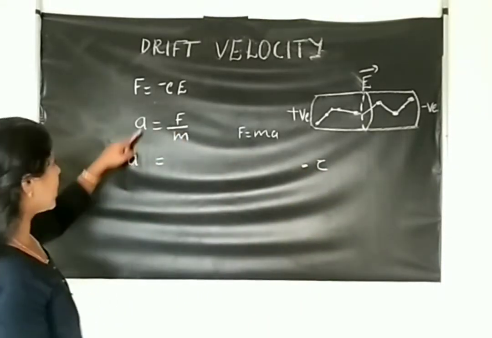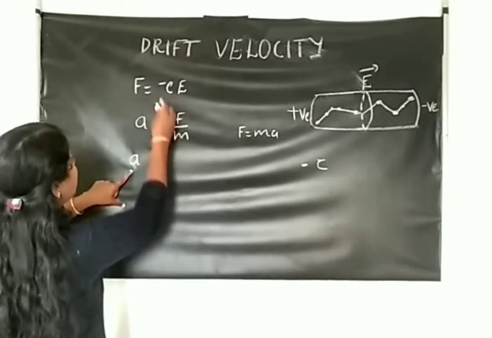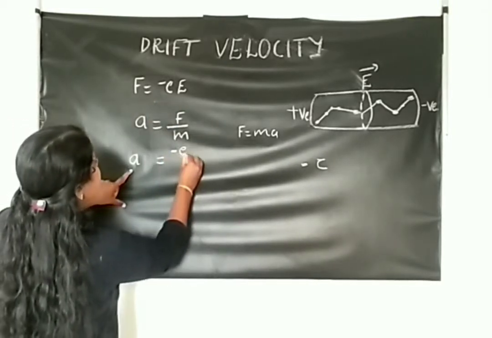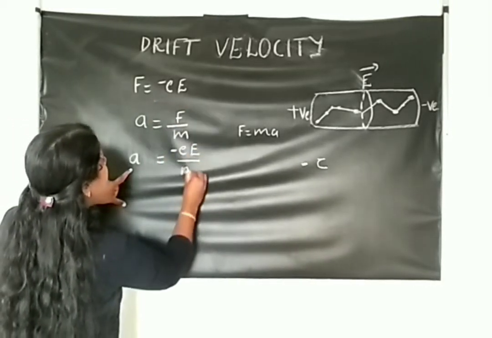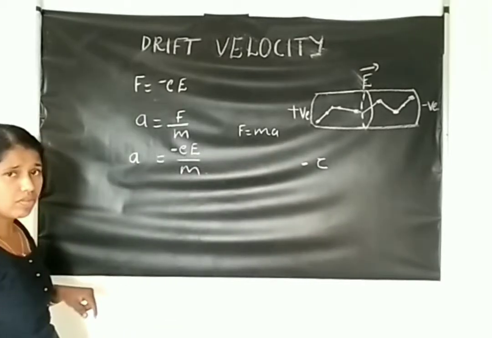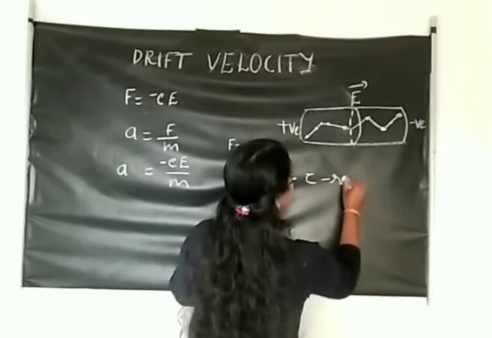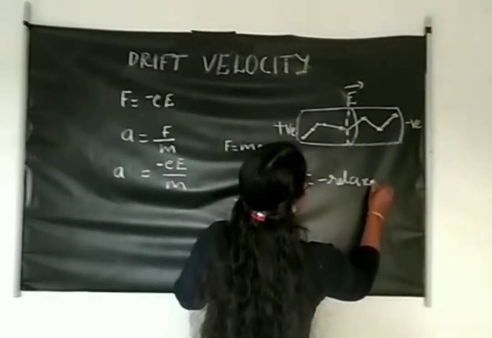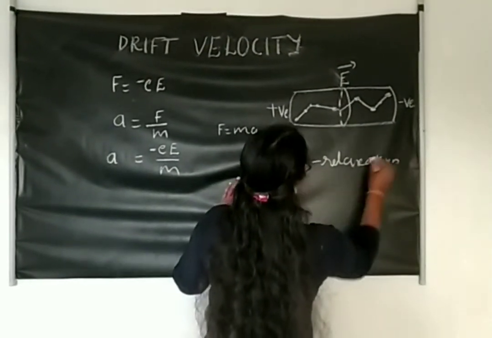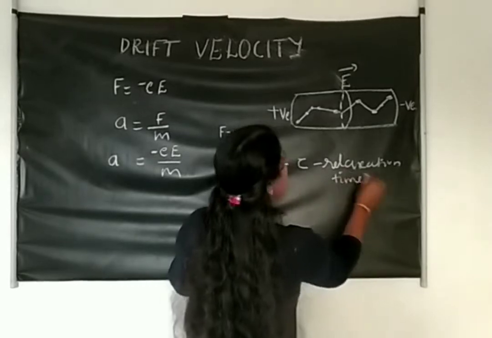From this equation we can calculate the acceleration: a = -eE divided by m. Tau is the relaxation time, or mean free path.